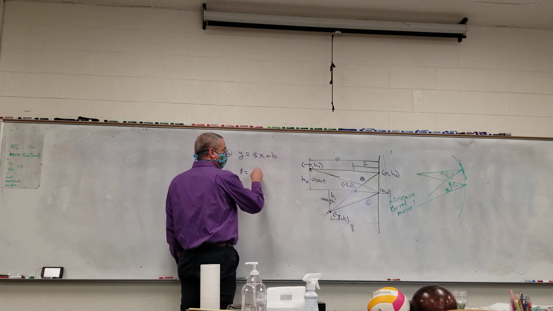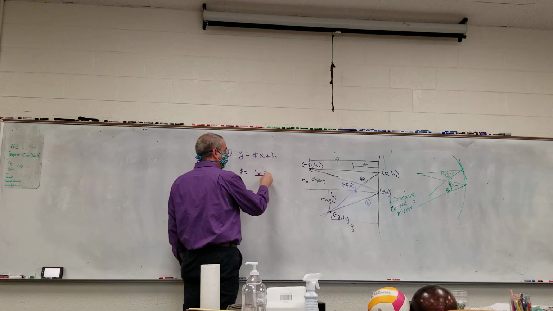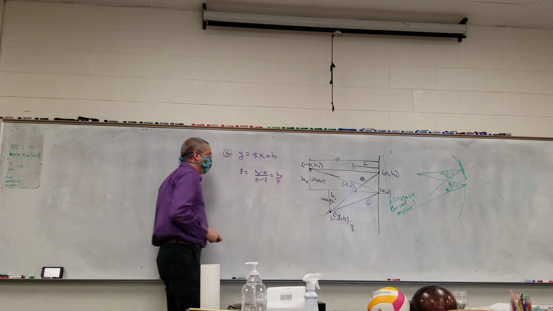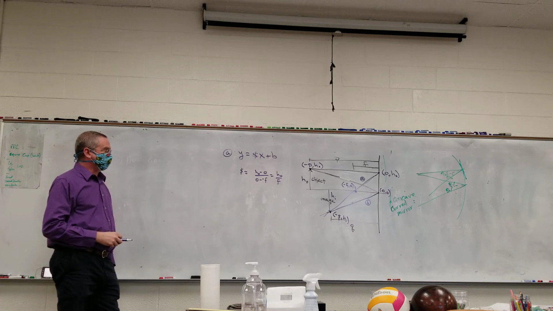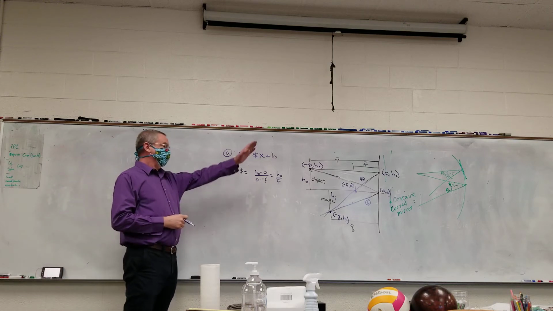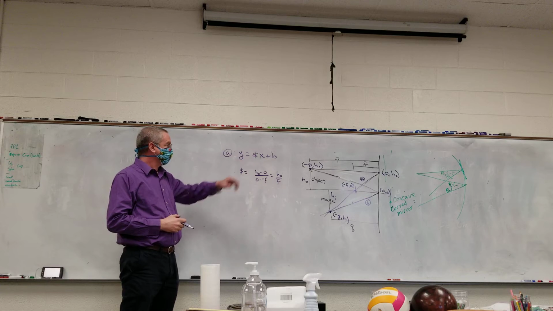And so I've got y2 minus y1 over x2 minus x1. So h naught over f. It's a positive fraction because focal length is a positive number here, and h0 is positive, and so, it's a positive slope going that way.